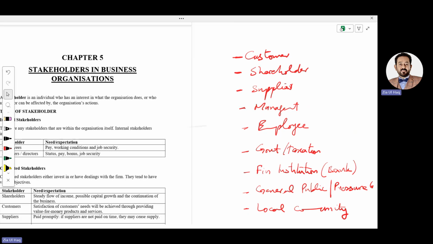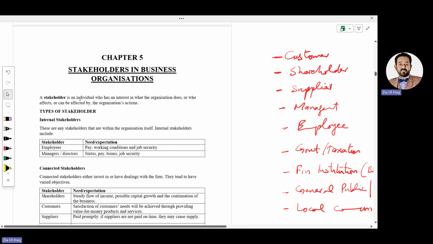The definition of stakeholder is a person or group of persons, meaning an individual or group of individuals, who can affect the organization or can be affected by the activities of the organization. A person or group of persons who can affect or can be affected by the organization are called its stakeholders.